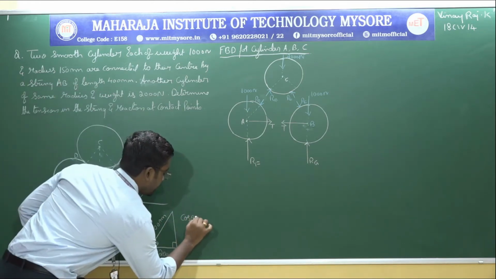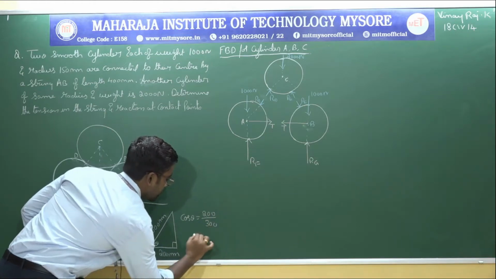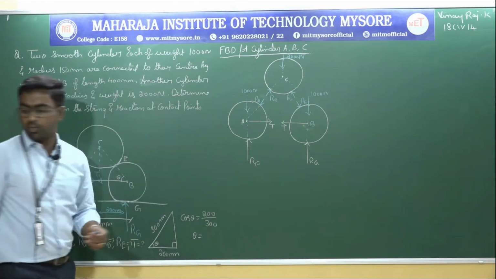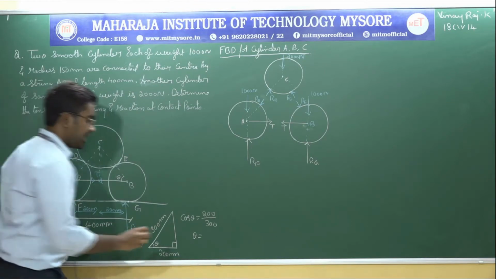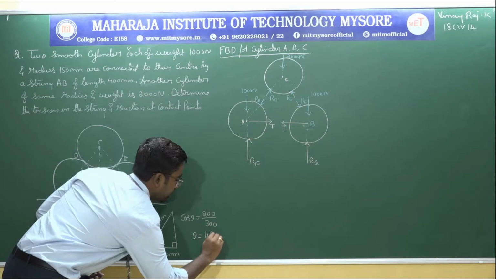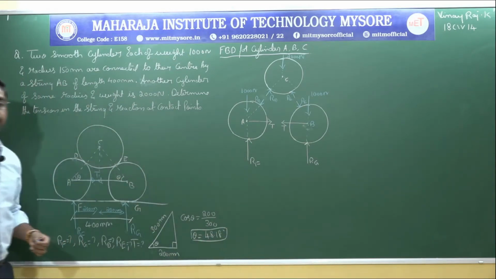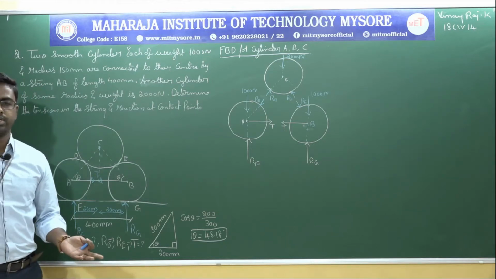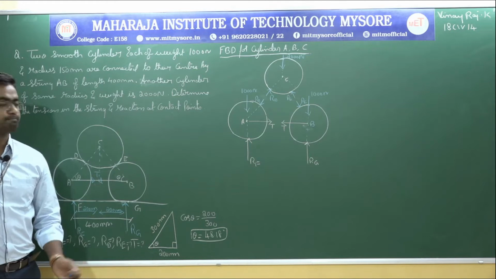So cos theta will be equal to adjacent by hypotenuse. So theta value is equal to 48.18 degrees. So this is how you need to calculate the angle for those inclined reactions or inclined forces or compression, whatever you say, everything is same, right?